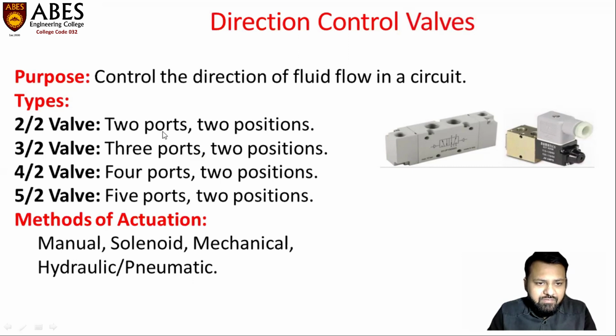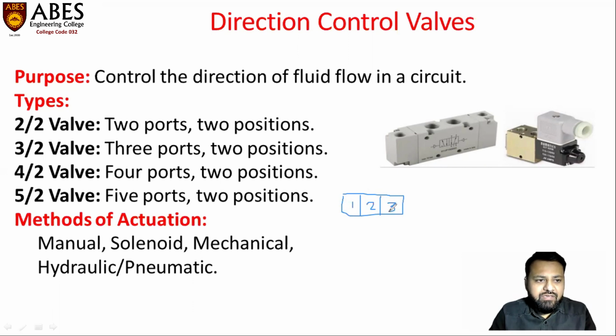What do we mean by the terms port and position? Ports are basically the inlet and outlet of the fluid in a particular actuation system, and for the position, we can represent a valve with the help of some boxes. If we have three boxes in the representation, we can say that we have three positions: one, two, and three position.